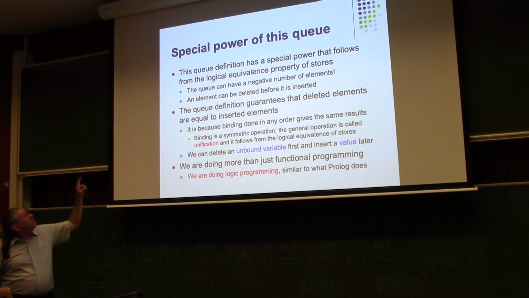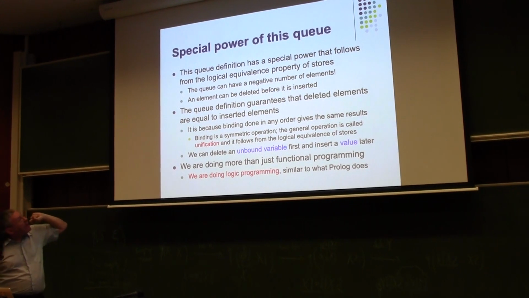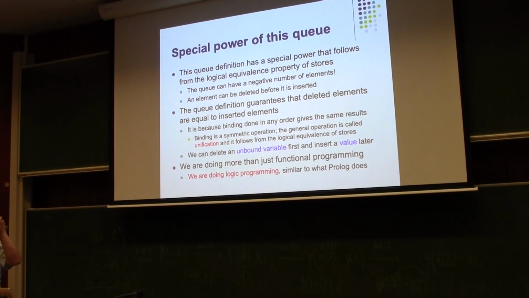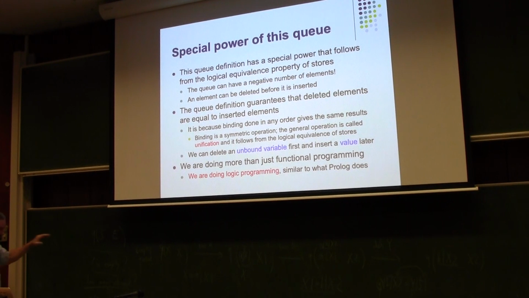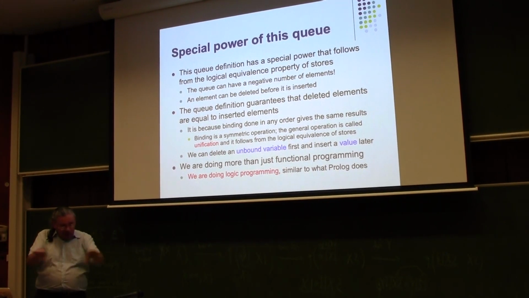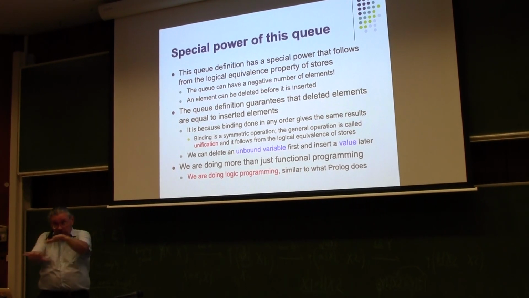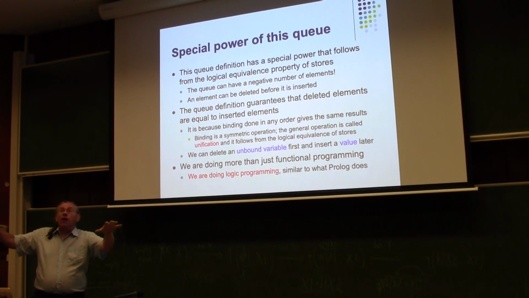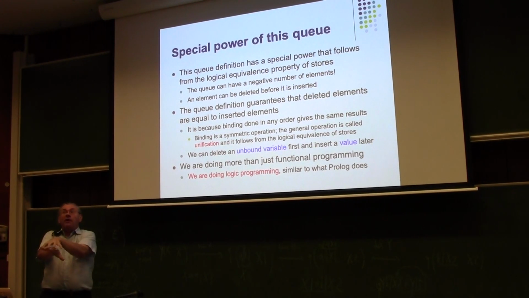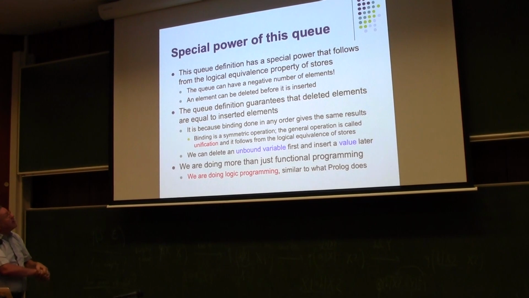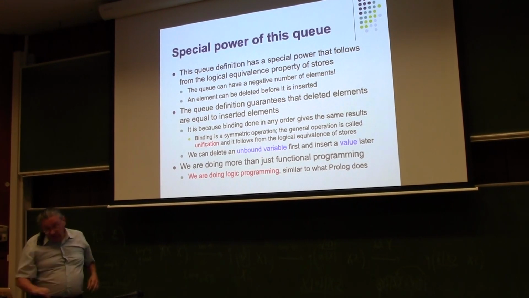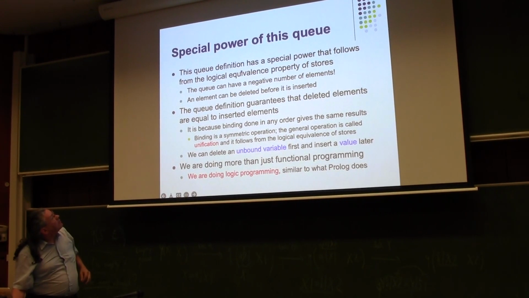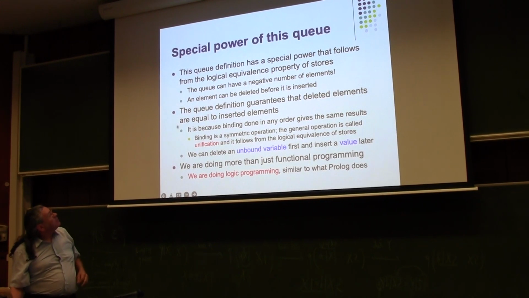The reason why this queue has a special power is because of logical equivalence. When we defined declarative programming, we said two stores are equivalent if the two logical formulas are actually saying the same thing in a sense. Huh? And this is why the queue can have a negative number of elements. But that's the real reason.